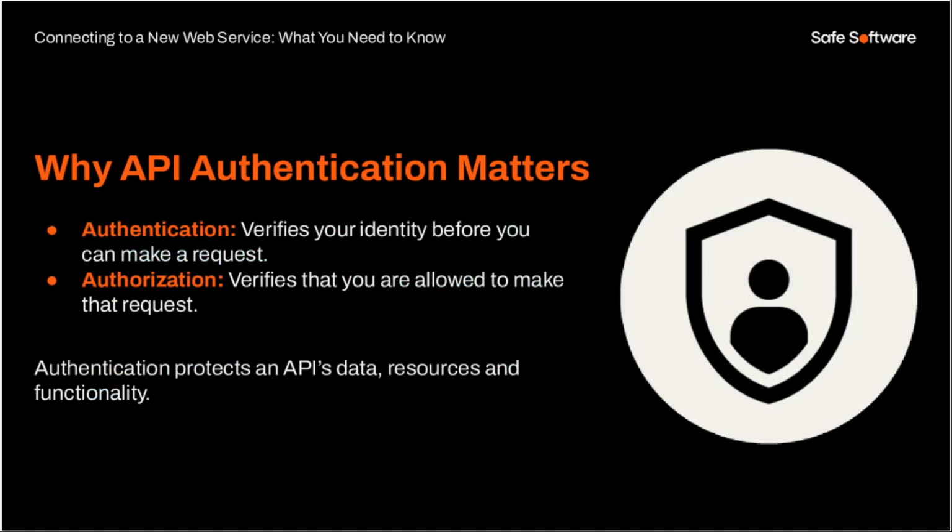Authentication is really important to discuss here, and what the difference is between authentication and authorization. So authentication verifies your identity before you can make a request. So you think about a web application like Gmail, for example. If you can't log in, you can't do anything. That's you authenticating. If you do log in successfully and you've authenticated, you might not be authorized to do everything within the web application. There might be certain pages you can't view, for example. And so that's authorization.